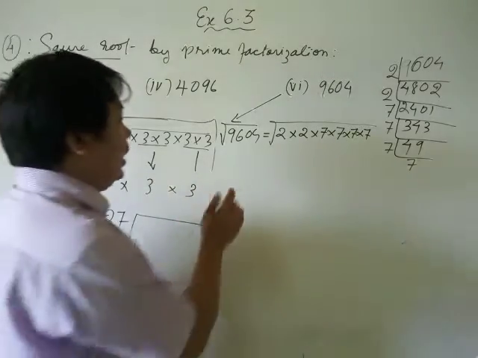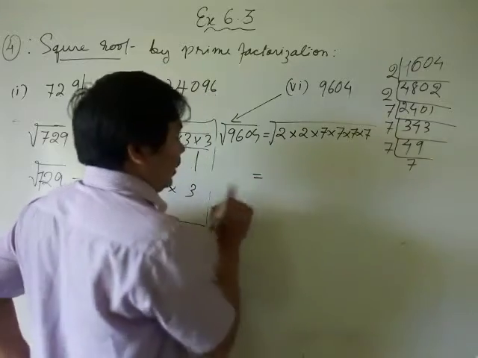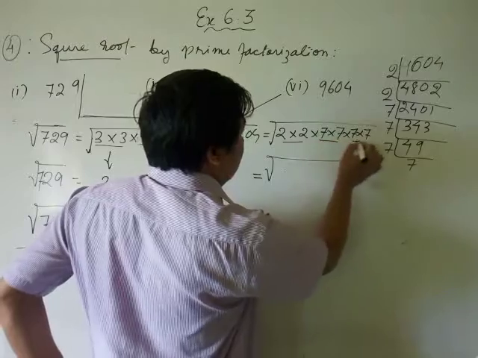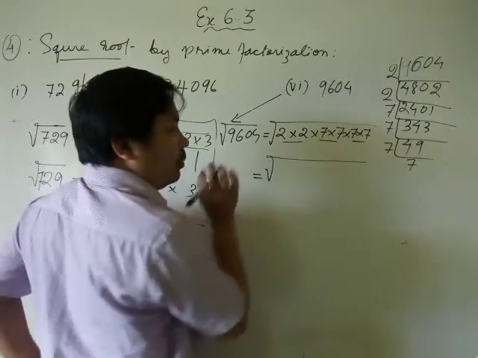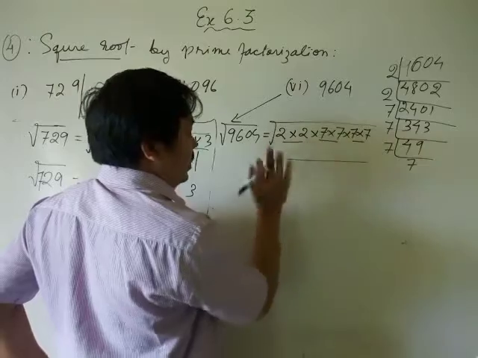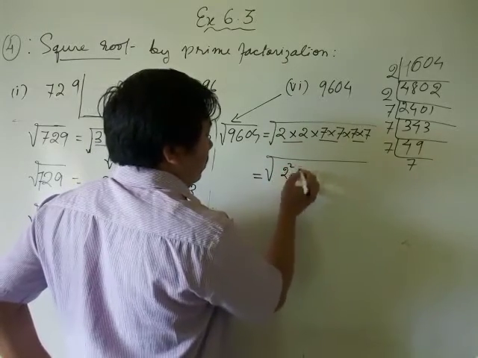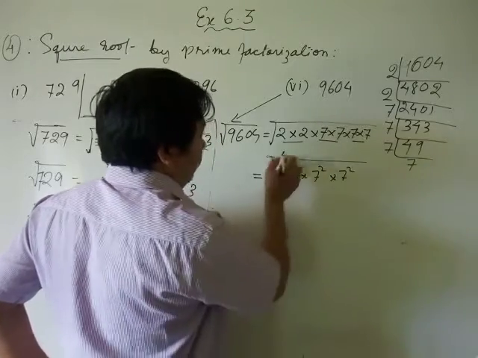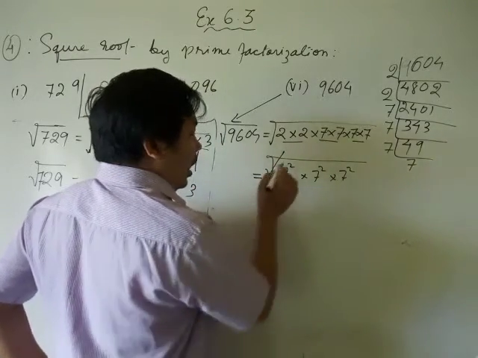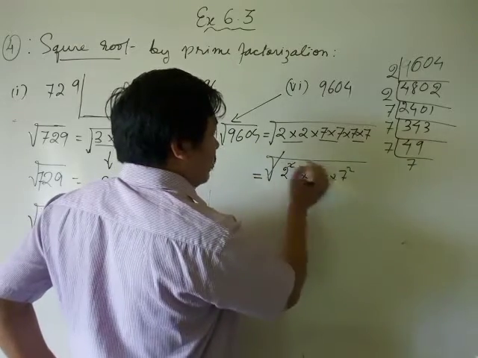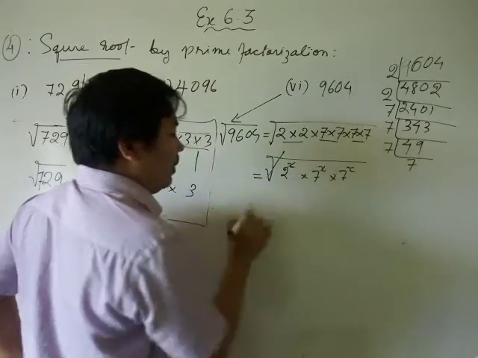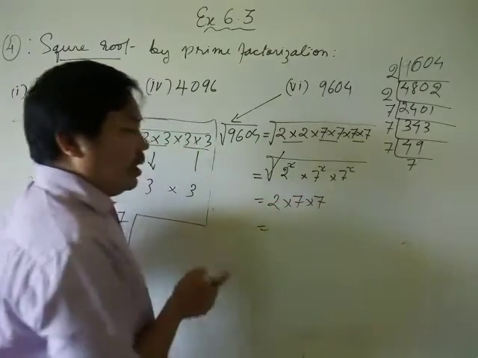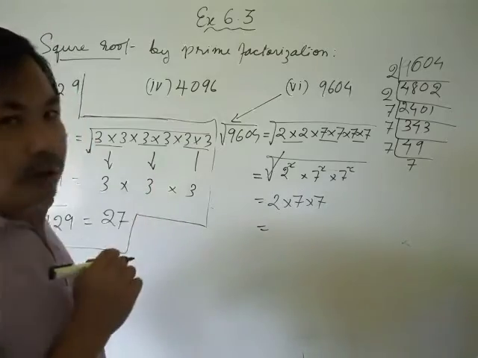Okay, clear. So here you see this can be written as root over 2, 2, and 7. 2 and 7 you cannot pair, that you remember. 2 and 2, or 7 and 7 you can pair. So this can be written as 2 to the power 2 into 7 to the power 2 into 7 to the power 2. With this square root and this square, all this can be cancelled, and we get 2 into 7 into 7, and that will be the square root of the given number.